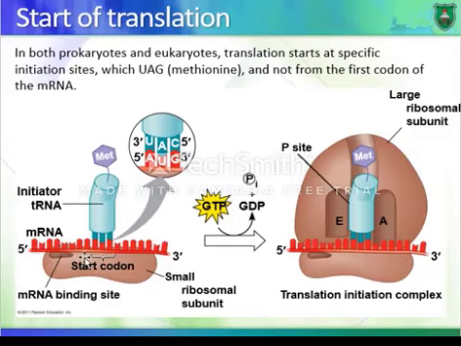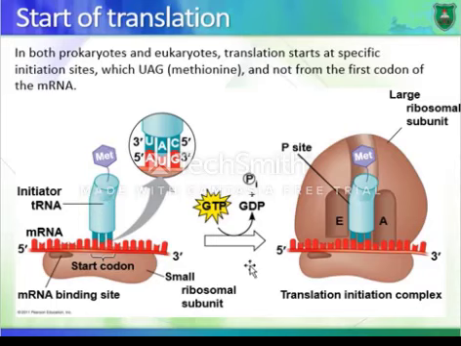So it is not that once the ribosome finds the messenger RNA, it will start translation immediately. There is a start codon that specifies the start of translation, and this start codon is a codon for methionine. Usually we call it the initiator tRNA.